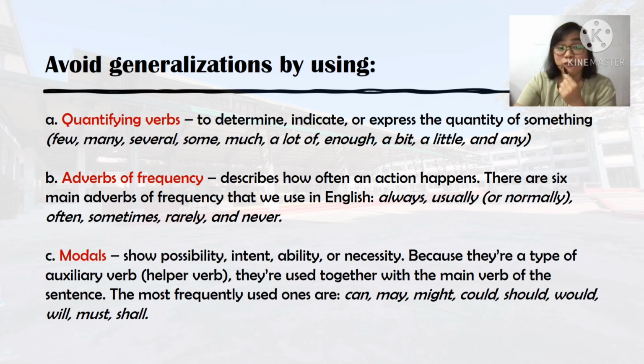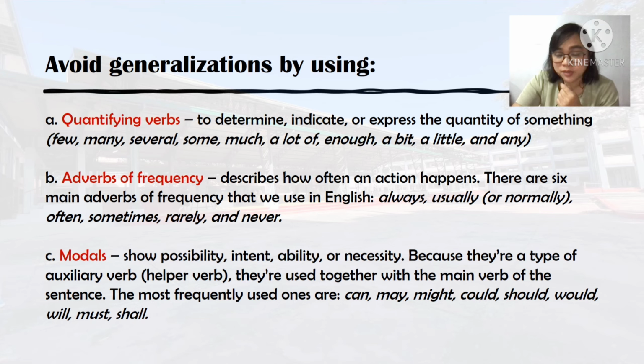To avoid generalizations, we make use of the following. First, quantifying verbs. It is used to determine, indicate, or express the quantity of something. Examples: few, many, several, some, a lot of, enough, a bit, a little, and any.